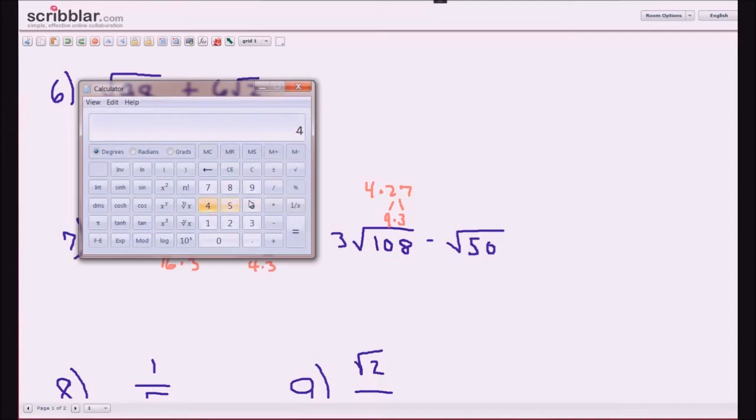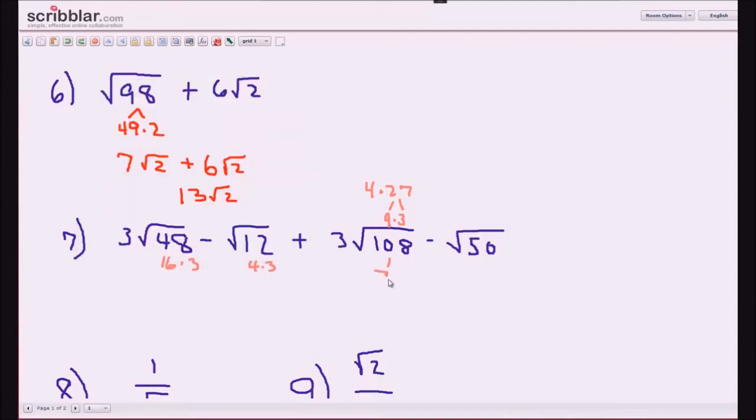If I multiply those together, I will get another perfect square, and there it is, 36. So 108 is divisible by 36. Bingo, there it is. So that's 36 times 3. And the 50 is 25 times 2.